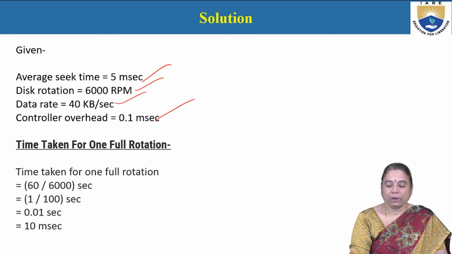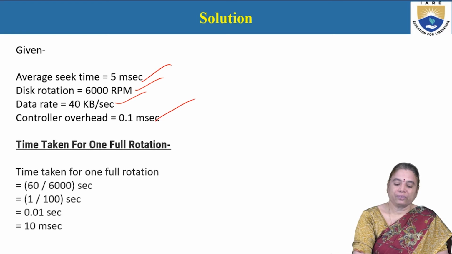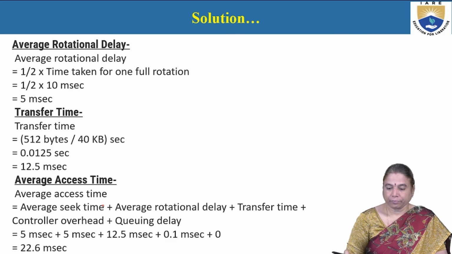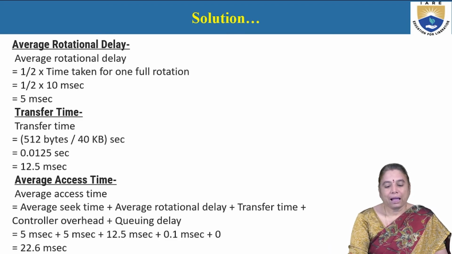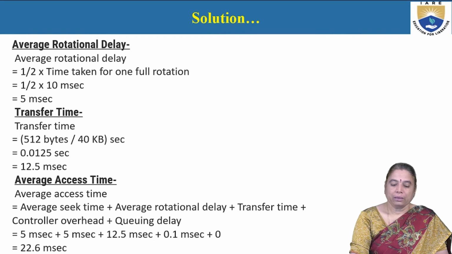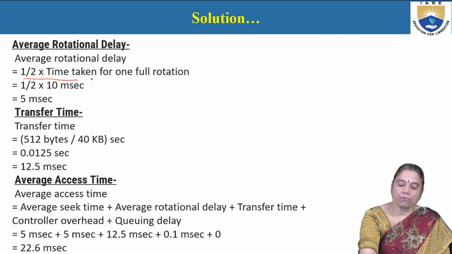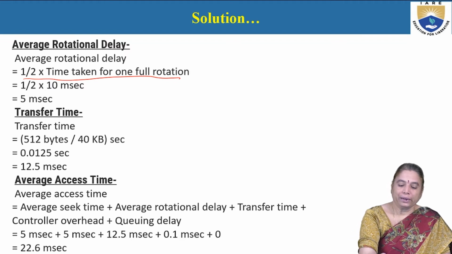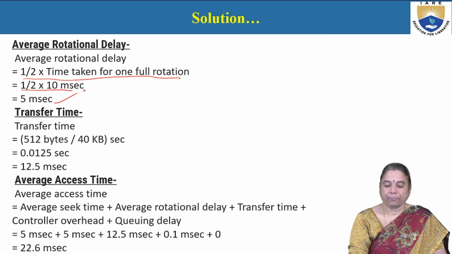So time taken for one full revolution is 60 by 6000 seconds, so it can be 10 milliseconds. Next, what is the average rotational delay? Which can be calculated with half into time taken for one full revolution. So half into 10 milliseconds, so 5 milliseconds.